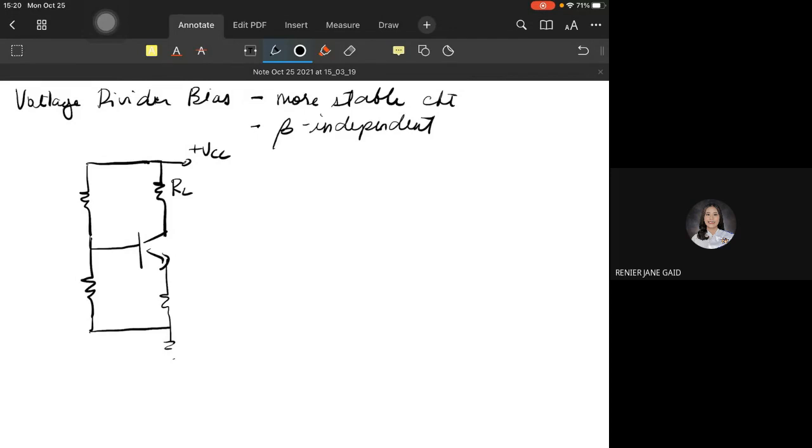So RC, RE, RB1, and RB2. So mao ang atong voltage divider bias circuit transistor. So nadungagan lang og isa ka resistor, RB2.